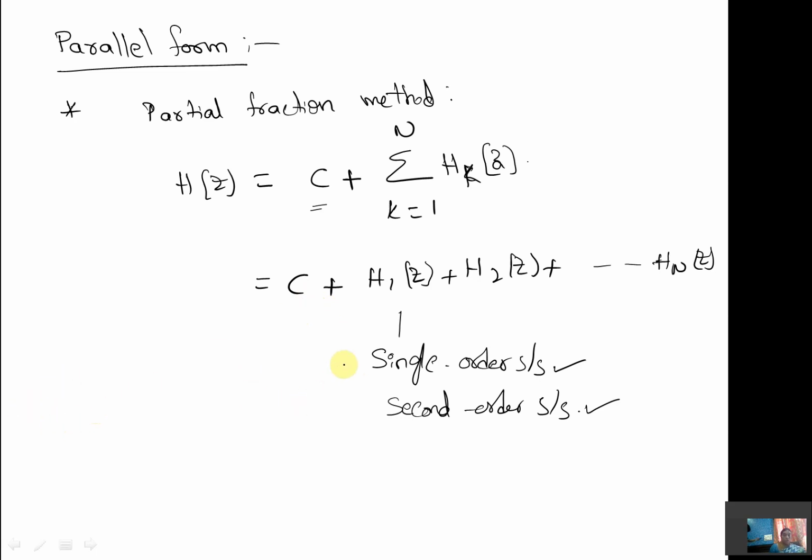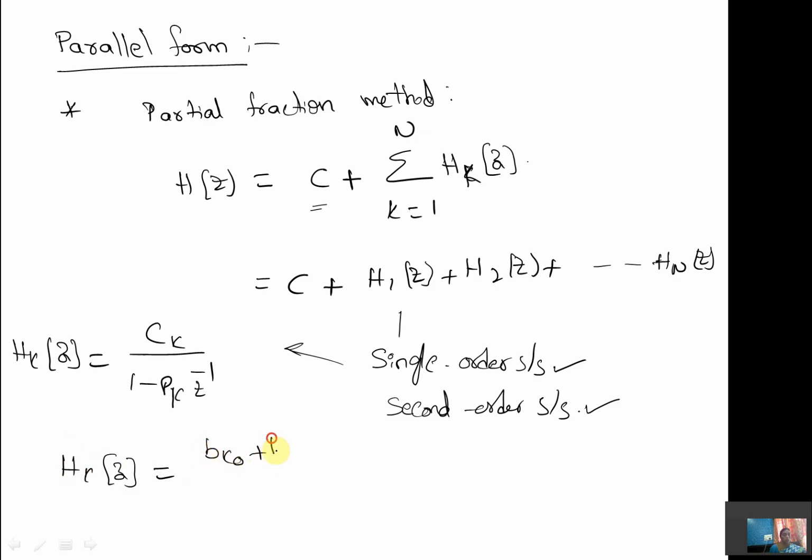Now if it is a single order system, it may be in the form Ck by 1 minus Pk z power minus 1. If it is a second order system, it is Bk0 plus Bk1 z power minus 1 divided by 1 plus Ak1 z power minus 1 plus Ak2 z power minus 2, in this form.